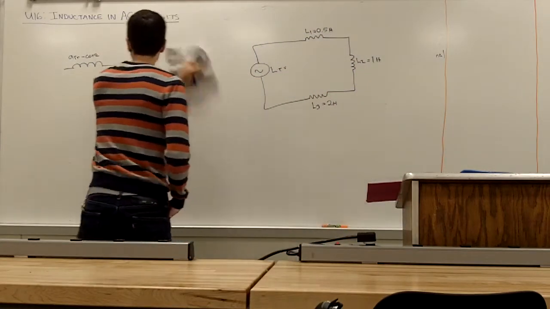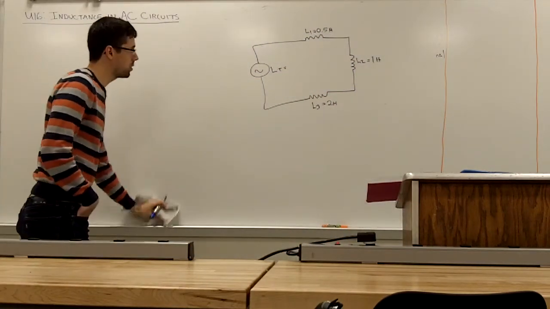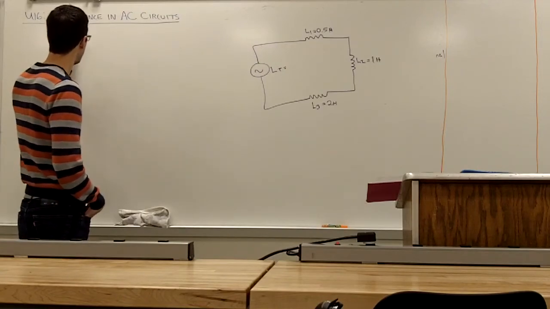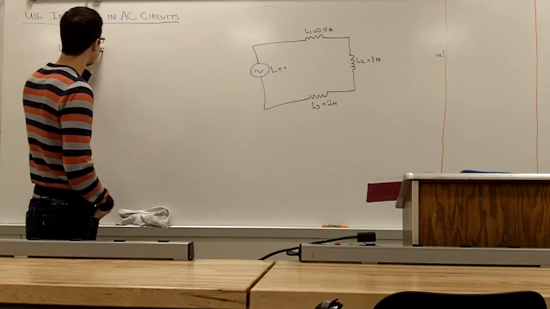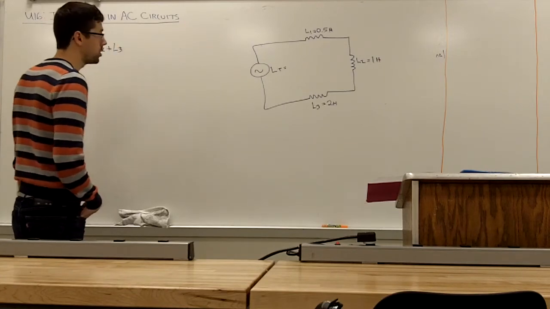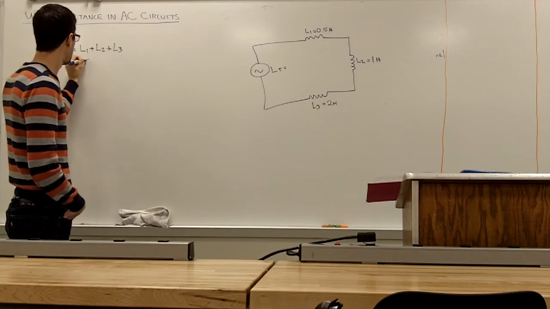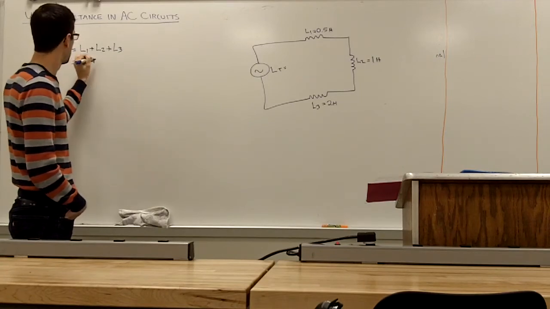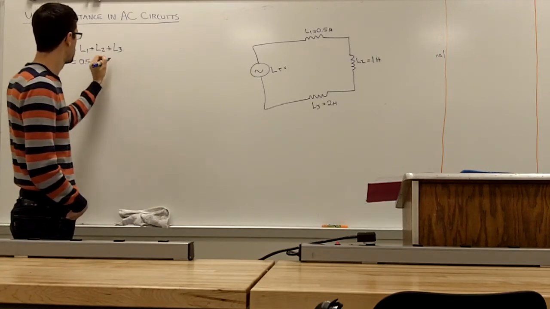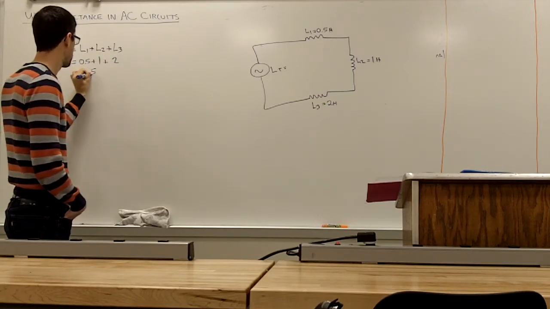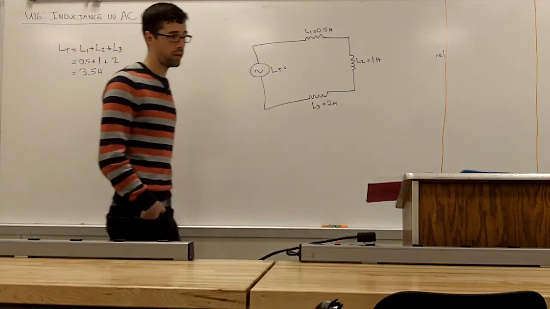It's pretty easy. It behaves the same way as resistors, so the total inductance would simply be the simple sum of each inductor. So the total inductance here would be 0.5 henries for inductor 1, 1 henry for inductor 2, and 2 henries for inductor 3. That would give us a total inductance for the circuit of 3.5 henries.